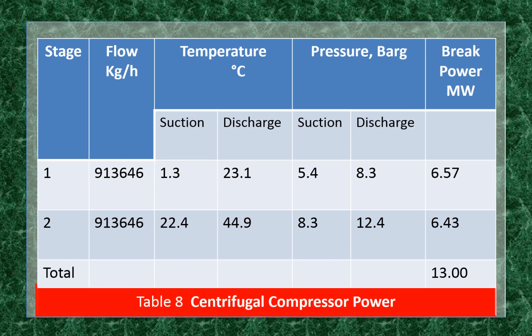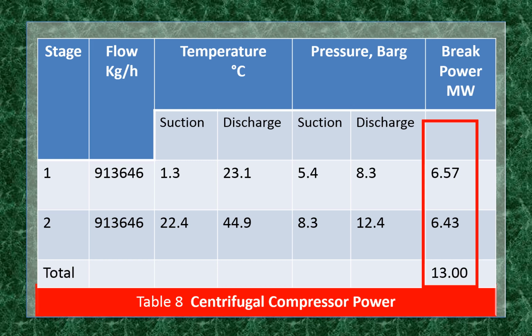The total brake horsepower required for the compressor is the sum of the power required for the two individual stages. For the first stage, the power required is 6.57 megawatt, and for the second stage, 6.43 megawatt. So the total power required is 13 megawatt.